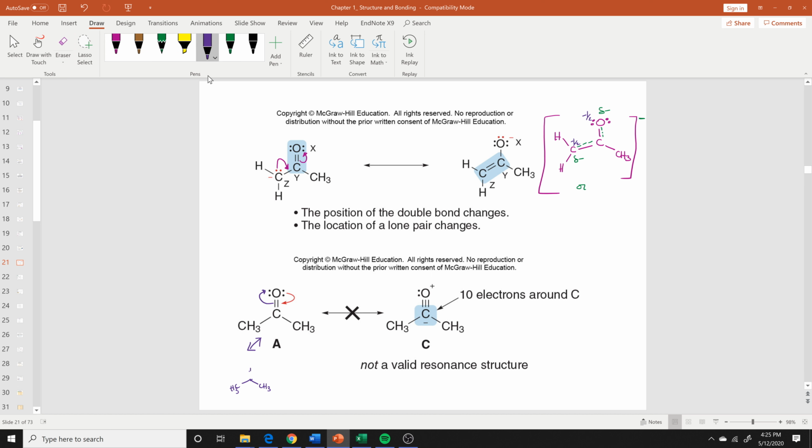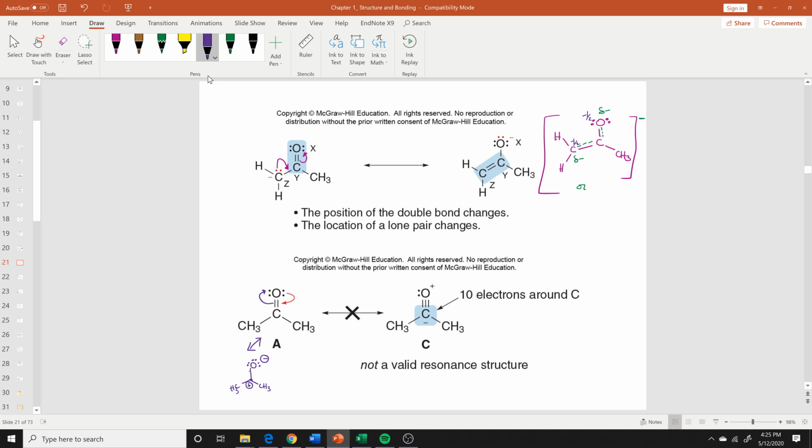It's going to be a single bond with an oxygen, and it's going to have a lone pair over there. I added electrons to the oxygen, so it's negative. Oxygen with a single bond and 3 lone pairs is a -1 formal charge. Carbon with 3 bonds is a positive charge. So again, zero charge overall.